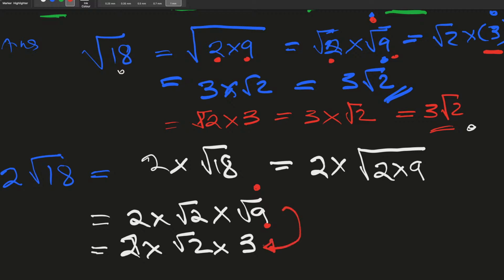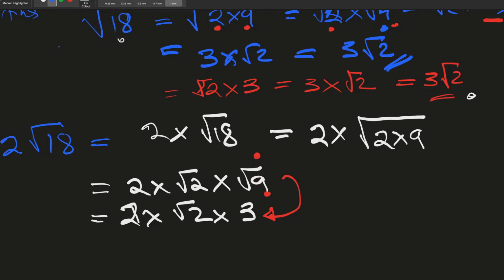Okay, so now what do we do? In the multiplication form, we have to group the like terms. So we say that 2 and 3 are like terms. So this is equal to 2 times 3 times root 2.